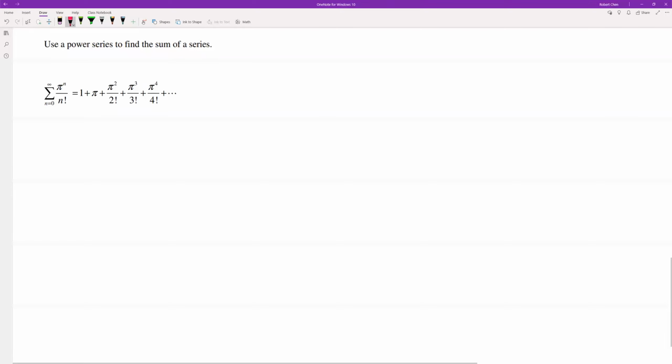All right, another common use of power series is that we can use them to find the sum of a series. So for example, here we have the infinite sum of pi to the power of n over n factorial. Let's be a little careful here, and let's do a quick review of e to the x. The power series of e to the x looks like this: the sum of x to the power of n over n factorial, which is 1 plus x plus x squared over 2 factorial plus x cubed over 3 factorial plus dot, dot, dot.